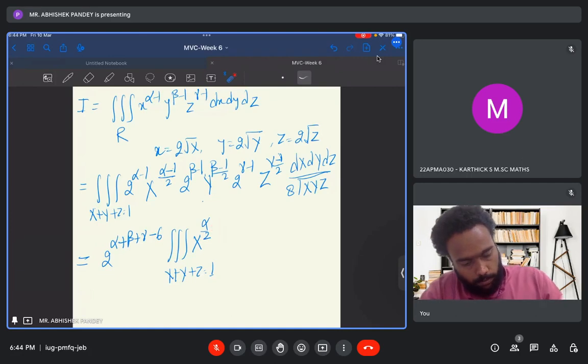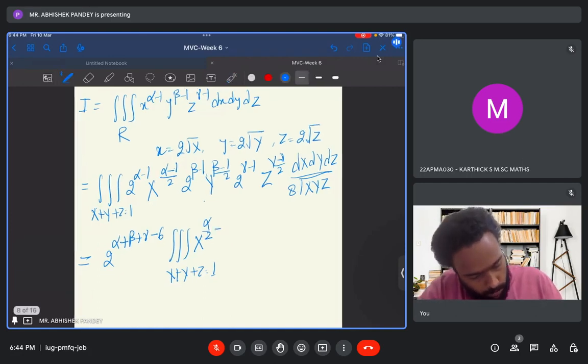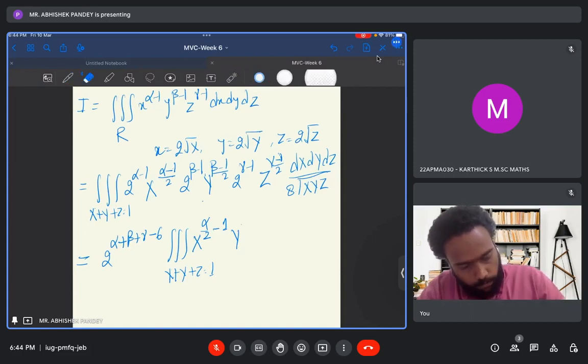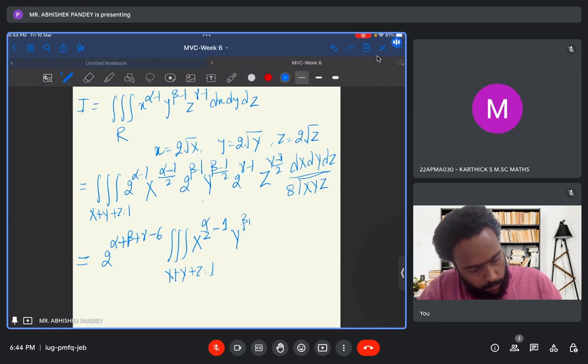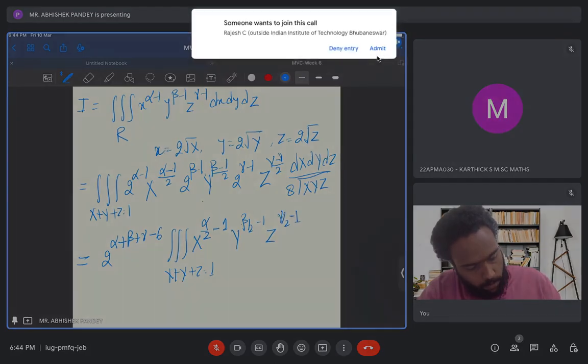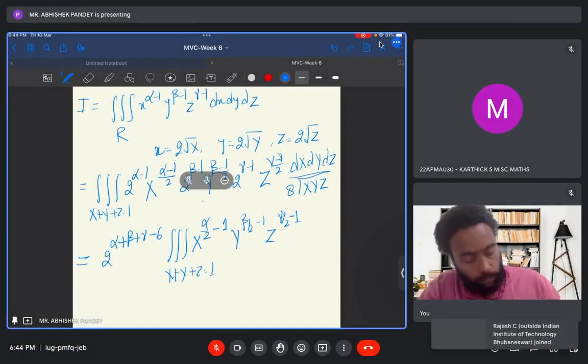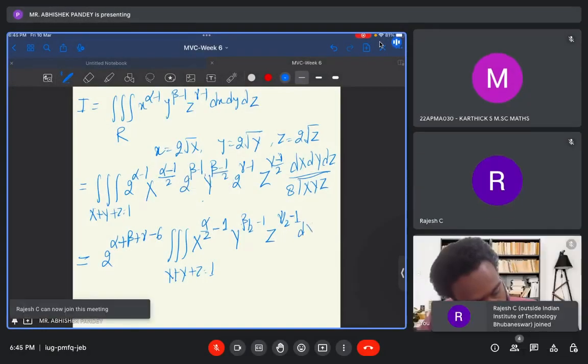So this is alpha by 2 minus 1, y to the power beta by 2 minus 1, z to the power gamma by 2 minus 1. And this will become dx dy dz.